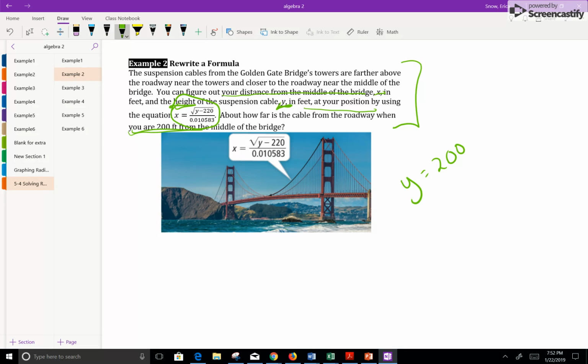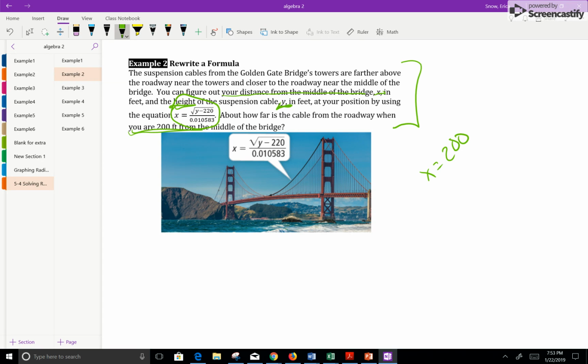Your distance is x, and then y is the height of the suspension bridge. I totally screwed this up, sorry, guys. I should not have messed that up. So x is 200 in this case.